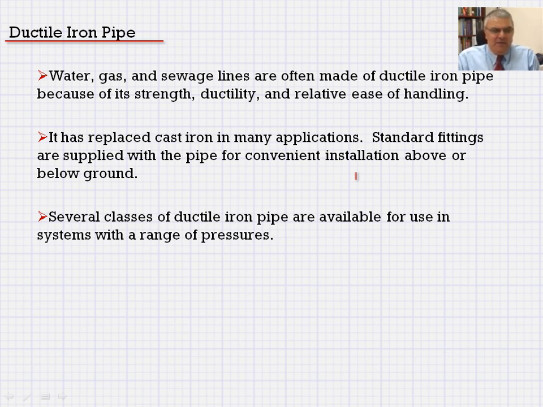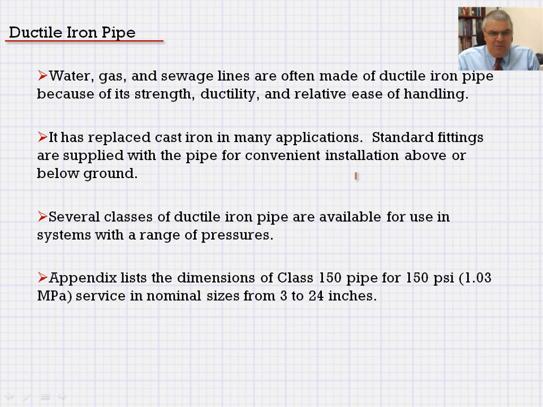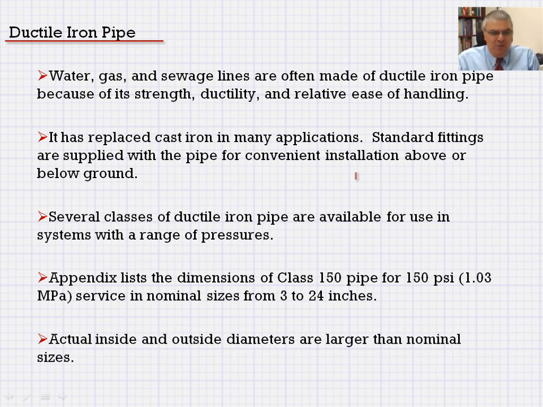Again, several classes of ductile iron pipe are available for use in systems with a range of pressure. The appendices in the book list the dimensions of class 150 pipe for 150 psi or 1.03 megapascal service in nominal sizes from 3 to 24 inches.